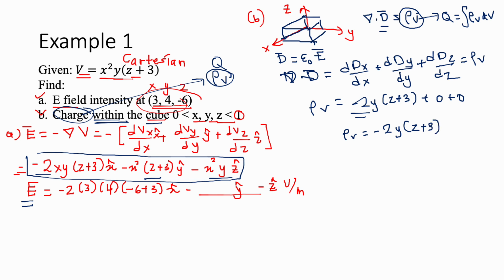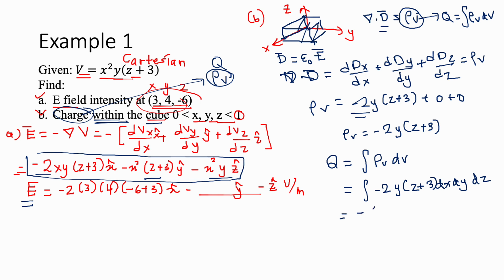And then to get the total value within all of this, Q will be the integration of rho v dv. So your rho v is negative 2yz plus 3, and your dv will be dx dy dz for Cartesian. So if you solve this, let's bring the negative in front.